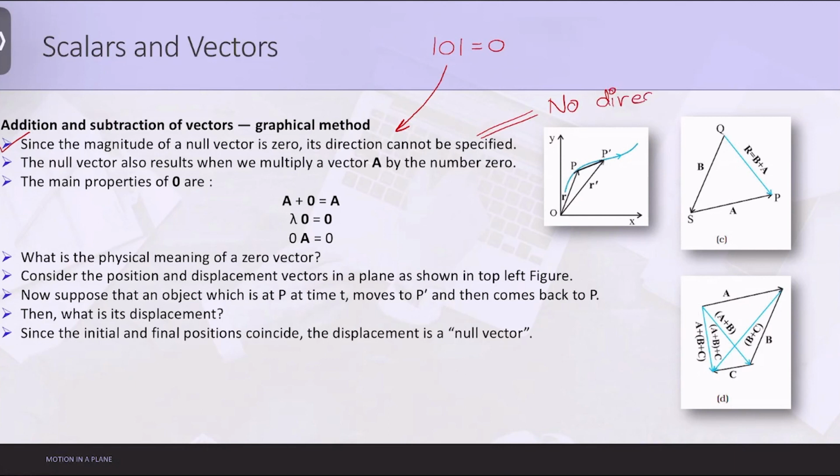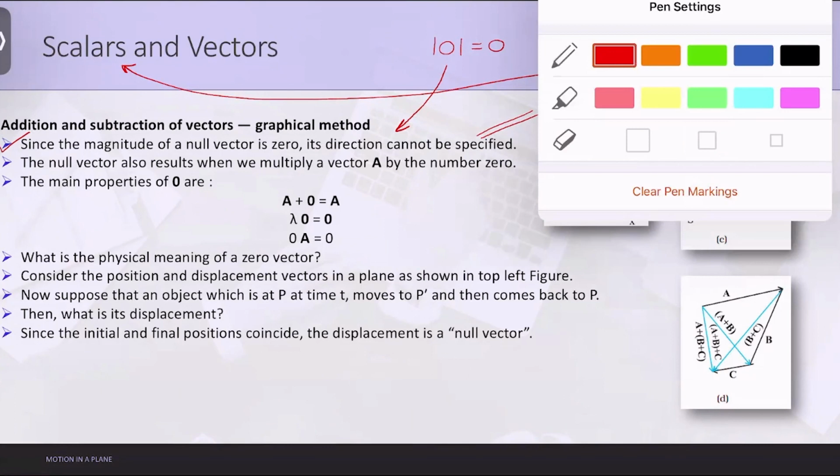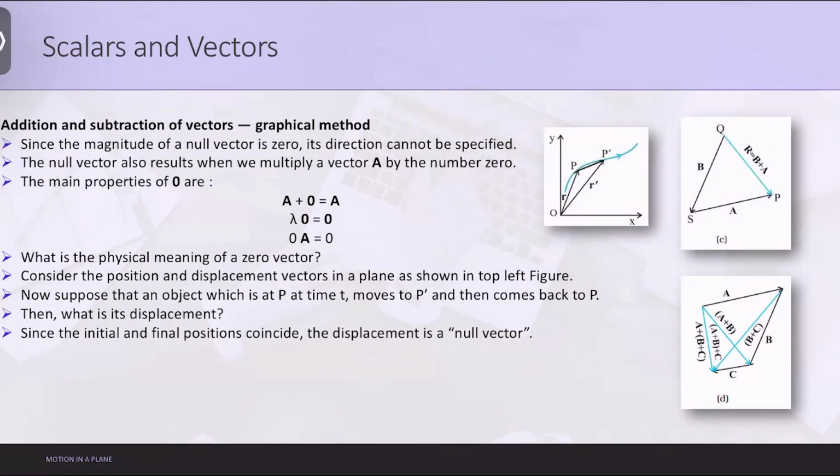The direction is associated, but it just cannot be specified. Specification of the vector direction and not having direction are two different things. If it has no direction, then it would be called a scalar. But if it has direction, but the direction cannot be specified, then it is a vector only, as long as it has some magnitude. Okay, so please look into the scenario very carefully.